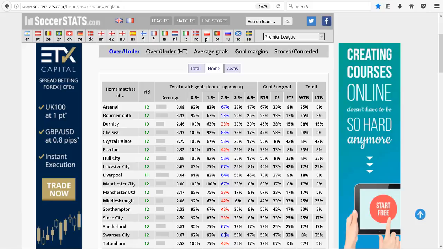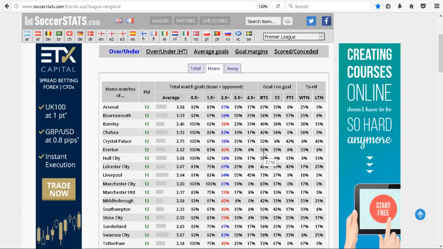So that flags that games involving this team seem to involve many goals. But is it predictive?